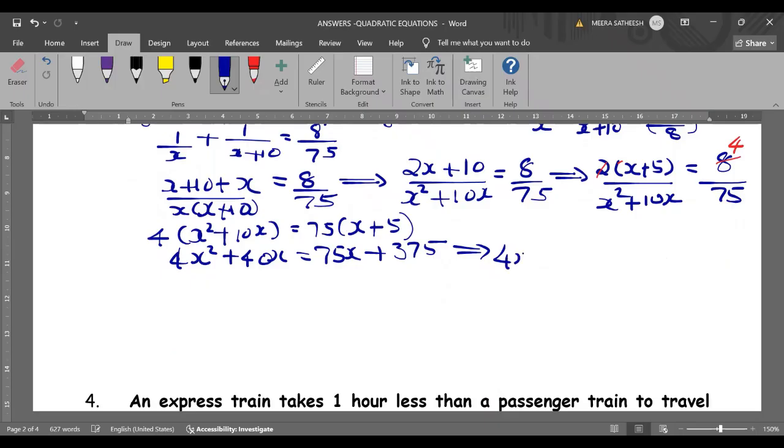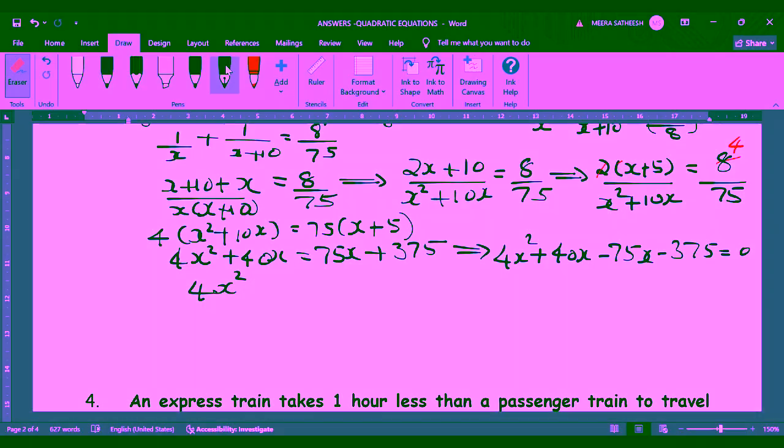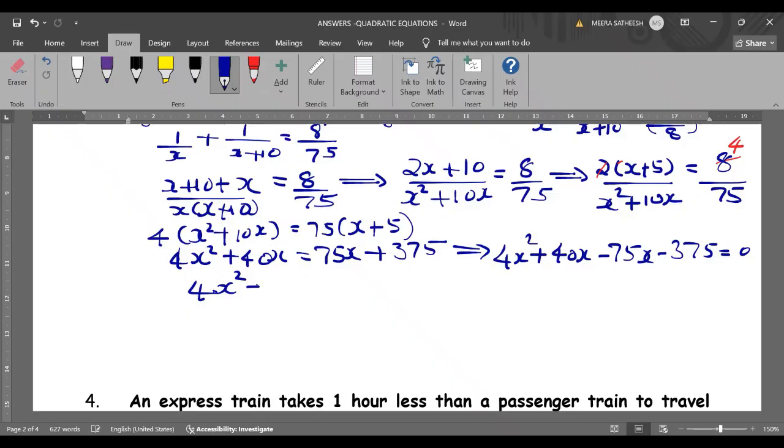So 4x square plus 40x minus 75x minus 375 equal to 0. That means 40x minus 75x, so it will be minus 35x minus 375 equal to 0.